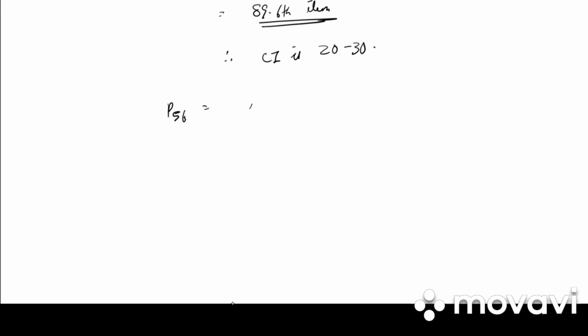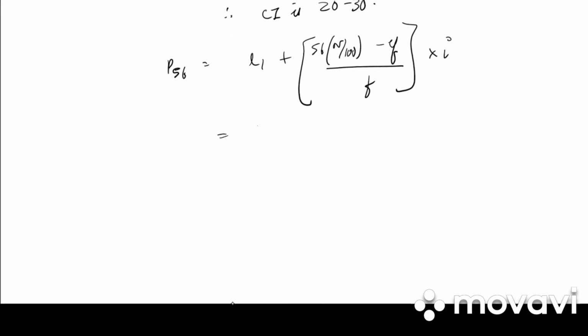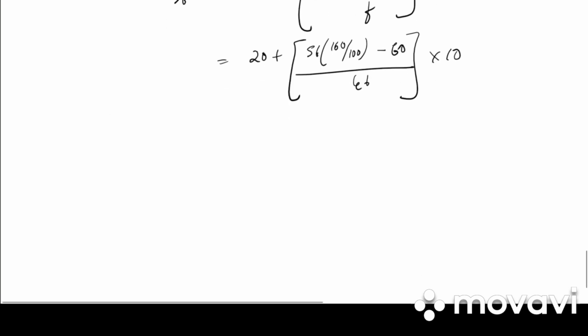So P56, what is the formula? L1 plus 56 into n by 100 minus CF divided by F into I. L1 is 20. 56 into 160 divided by 100. Cumulative frequency is 60. Frequency is 46 into 10.